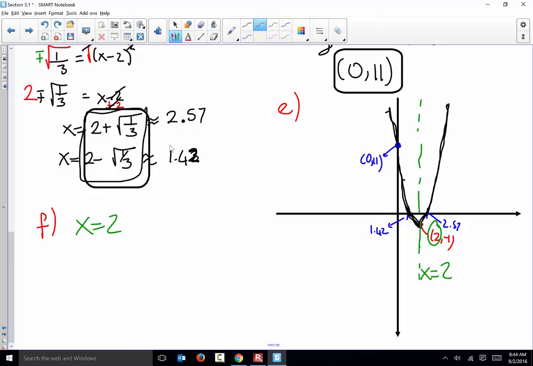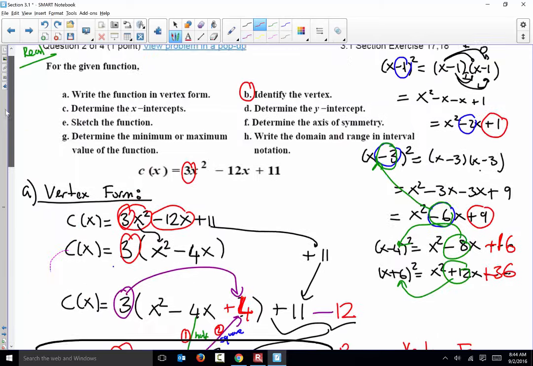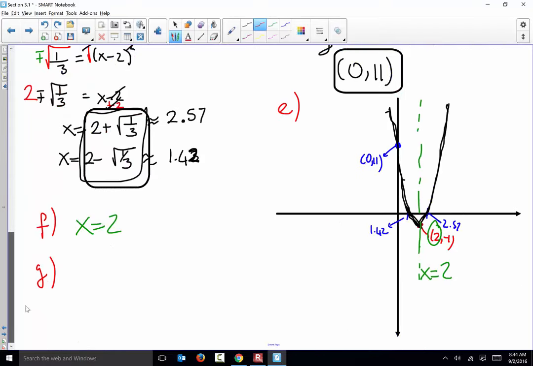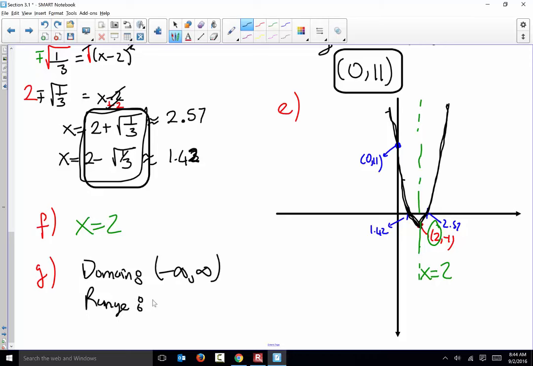G? Write down the domain and range. Domain is always standard. It's a no-brainer. It's negative infinity, infinity. Range is different all the time. This one is bracket -1, right, we start with this bracket -1. Go all the way up, right?